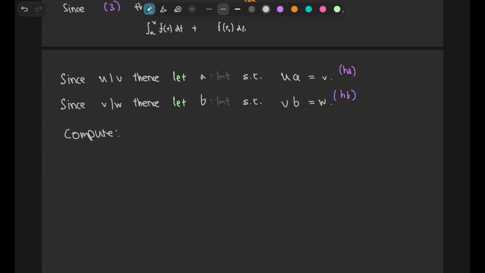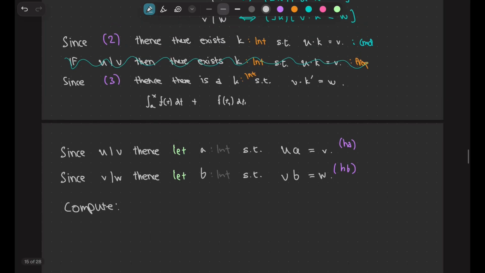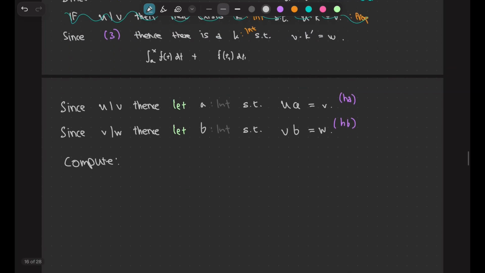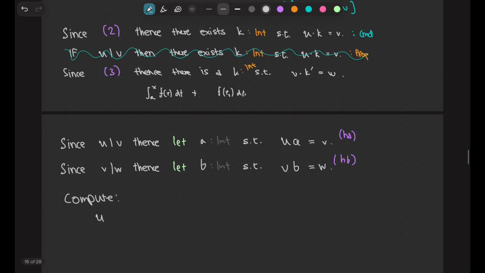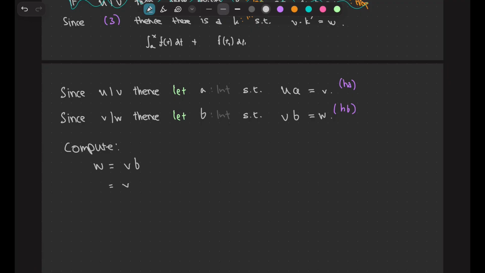So what I could do here, if I don't want to embarrass myself a lot, I could say something like W is equal to V times B, and this is equal to V times U times A, and this is equal to, thank you, I have a mistake there.